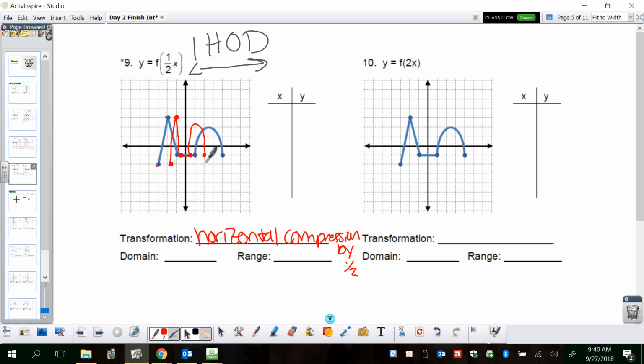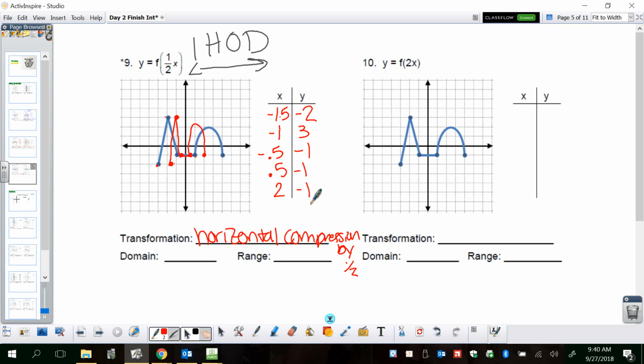So this becomes -1.5, -2, -1.3, -0.5, -1, +0.5, 1, and 2.